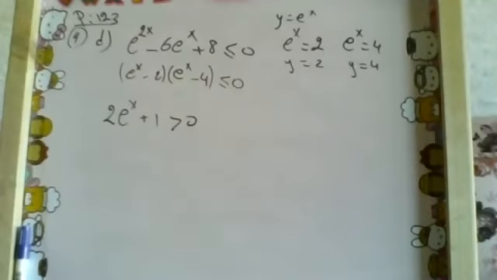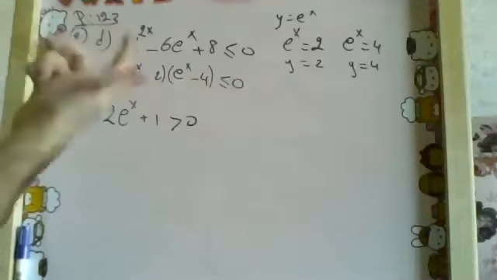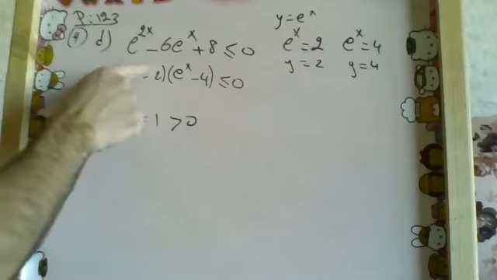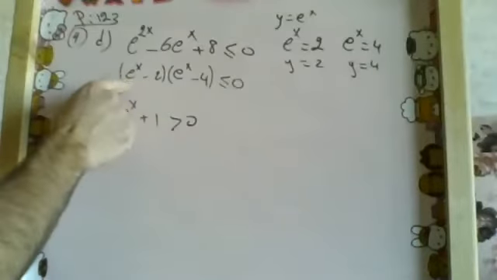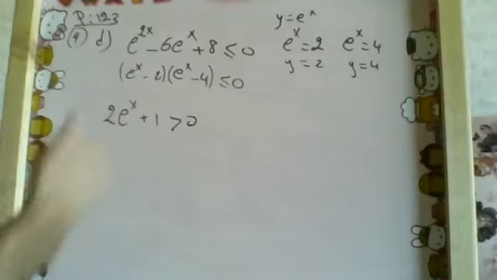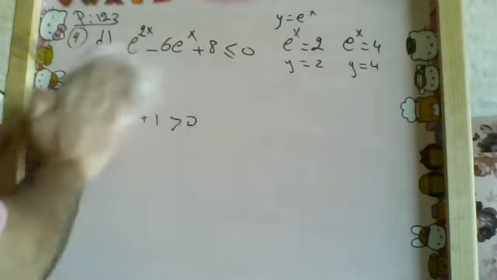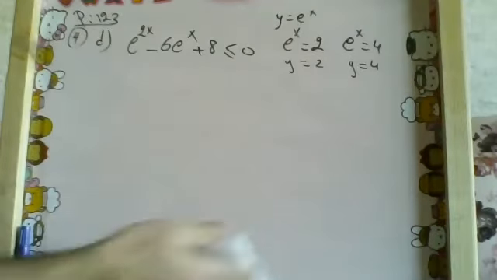Here you can't. Simply take x equals 0: e power 0 minus 2, 1 minus 2 is negative 1. This came out negative. So the first method doesn't work, and we have to use the table.